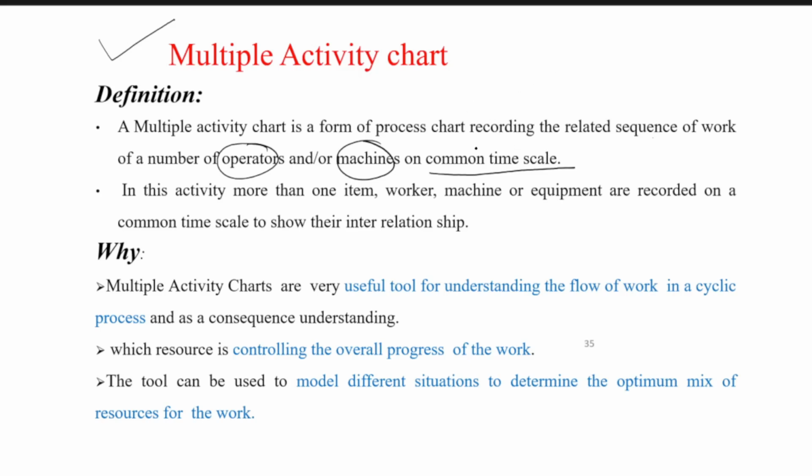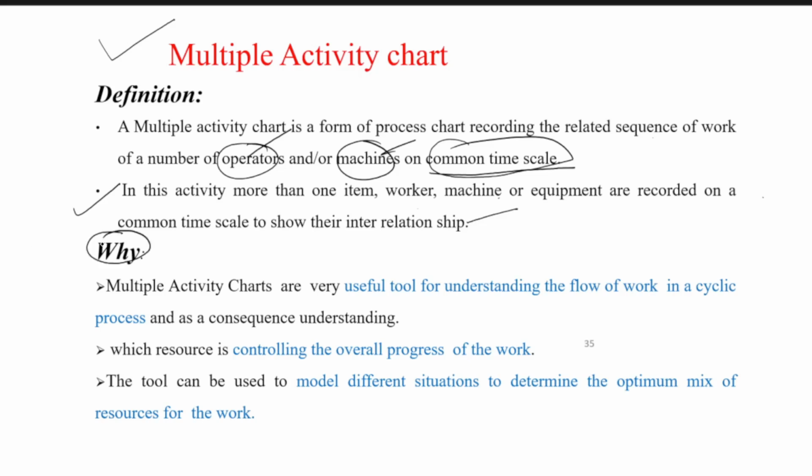So previously we were talking about a single person and its activities, a single machine and its activities. Now here we are talking about a number of operators or a number of machines, and the things are recorded on a common time scale. In this activity, more than one item, worker, machine, equipment are recorded on a common time scale to show their interrelationship.